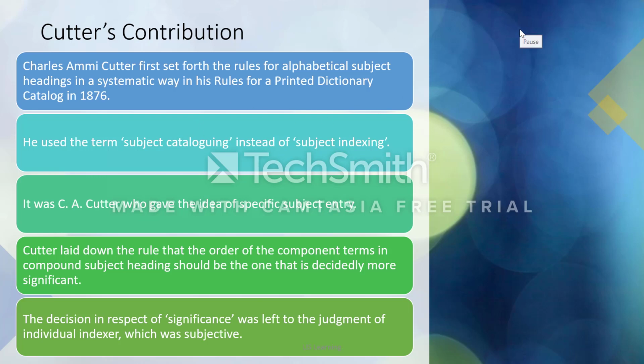Charles Ammi Cutter was the first person who set forth the rules for alphabetical subject headings in a systematic way in his book Rules for a Printed Dictionary Catalog in 1876. He didn't use the word subject indexing. He used the word subject cataloging. It was C.A. Cutter who gave the idea of a specific subject entry. Cutter laid down the rule that the order of component terms in a compound subject should be the one that is decidedly more significant.